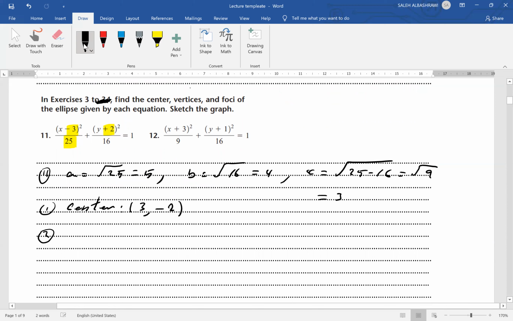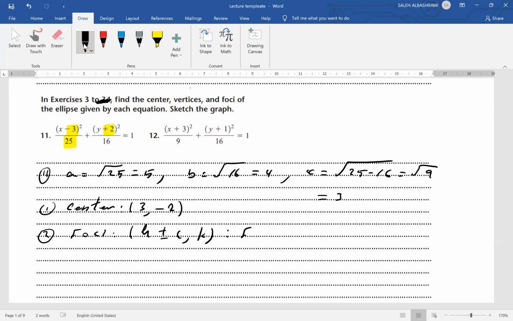Number 2, the foci. Since we have a horizontal major axis, then it is h plus or minus c, and k.